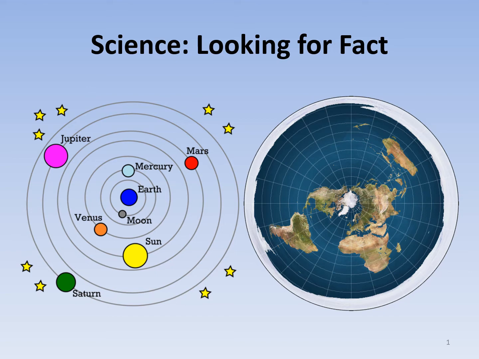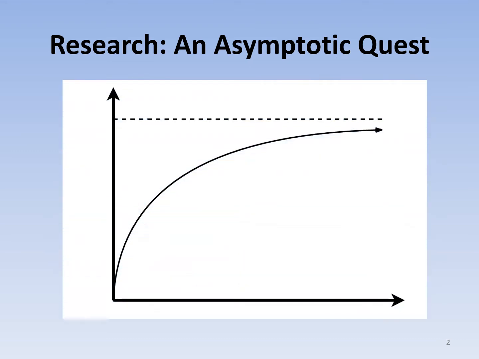And when it comes to research, I define research as an asymptotic quest, which means basically, if we have this as the fact, and if we have this axis as science, research is sort of an endeavor that goes this way.